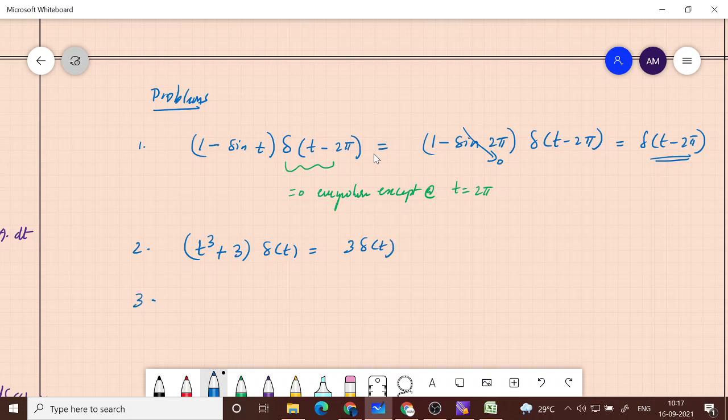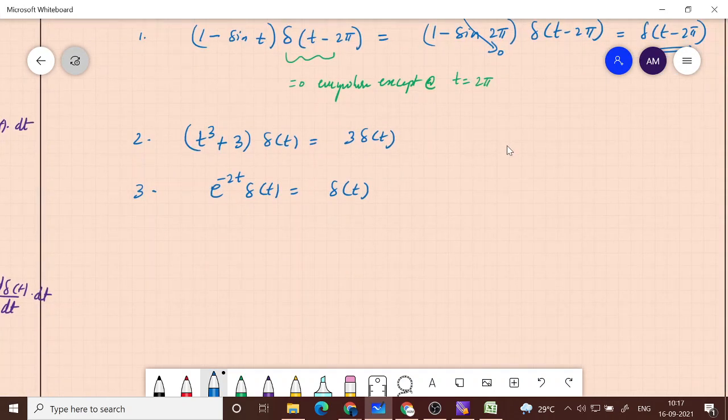Then e raised to minus 2t delta of t. Put t equal to 0 and you have e raised to 0, which is 1, so that is delta of t. Simple problems, but you just need to understand the property of the delta function.